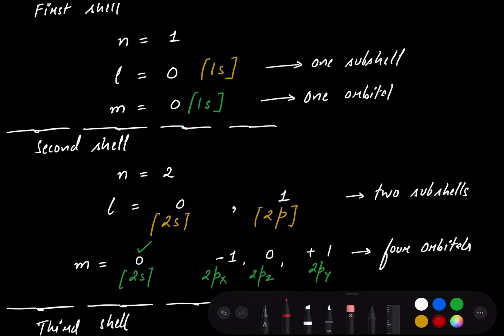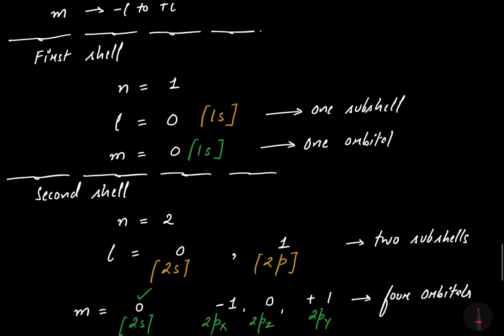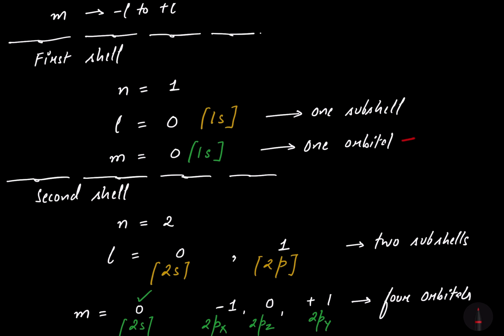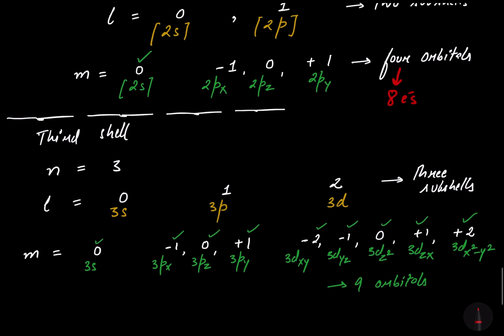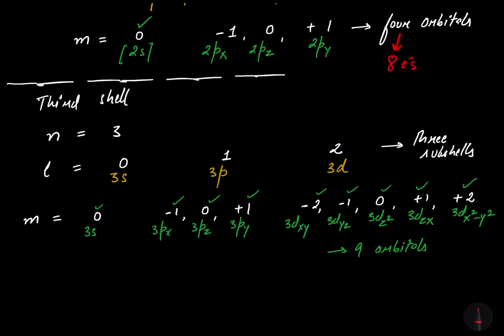Now let's come to the first shell, the 1s. In one orbital we will have 2 electrons. In 4 orbitals we will have 8 electrons, by the relation that one orbital will have 2 electrons. Now the 9 orbitals will have a total of 18 electrons.